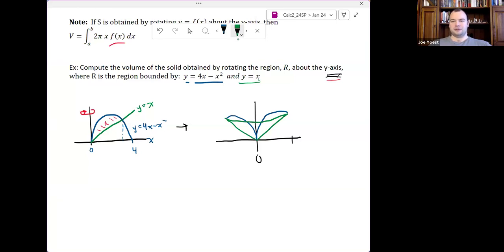Then I have this kind of outer piece on the top. And so this looks a little bit like a funky ice cream cone, something like that.